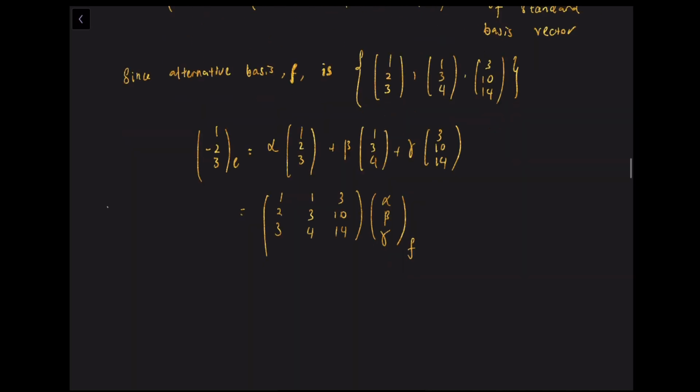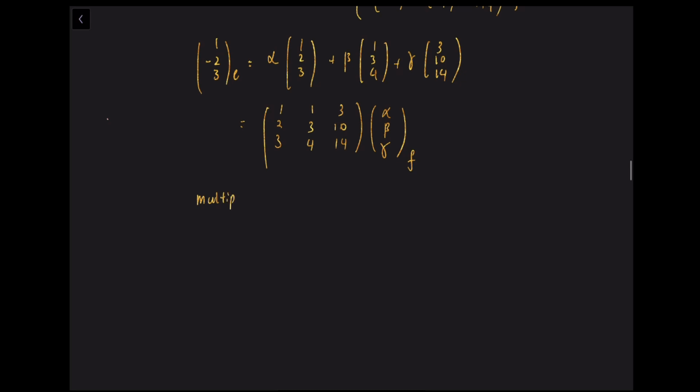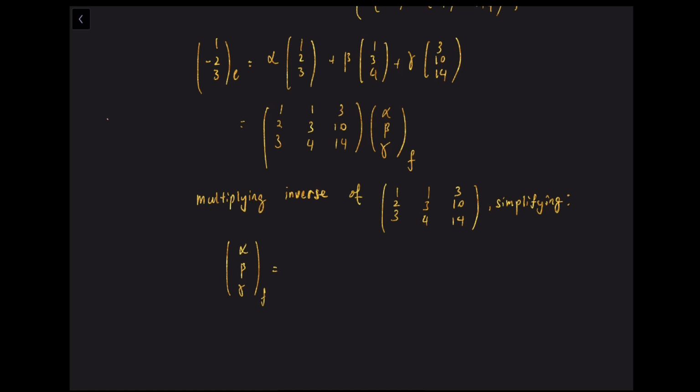Pre-multiplying both sides of this equation by the inverse of the matrix and rearranging yields (alpha, beta, gamma) equals the inverse matrix [2, 2, -1; -2, 5, -1; 1, -4, 1] times (1, -2, 3), which equals (9, -20, 4).